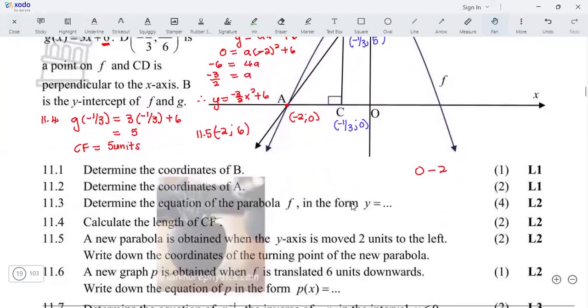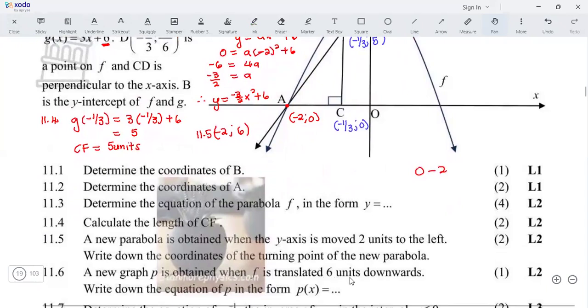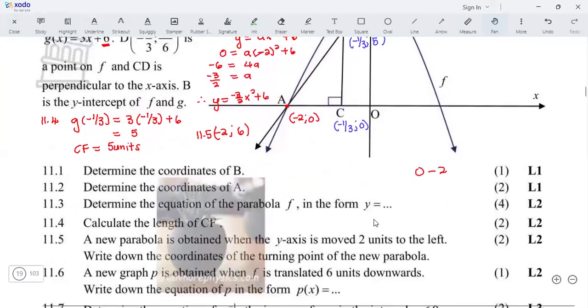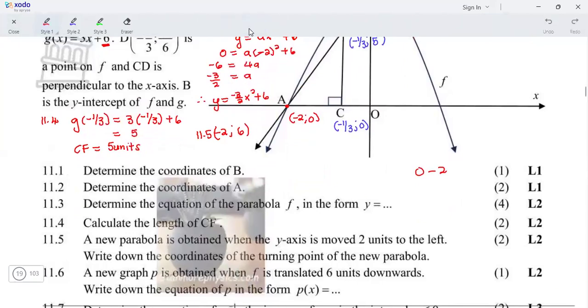All right, so let's see. We have another one here. It says a new graph p is obtained when f is translated 6 units downwards. So we are going to take our original equation. What is our original equation? We were having y, the graph of f, which was y = -3/2 x² + 6.